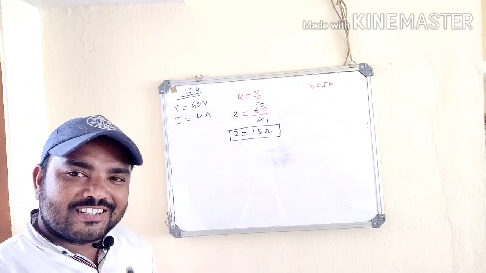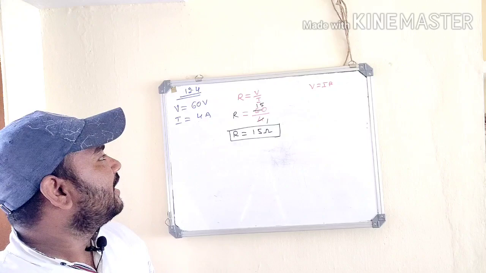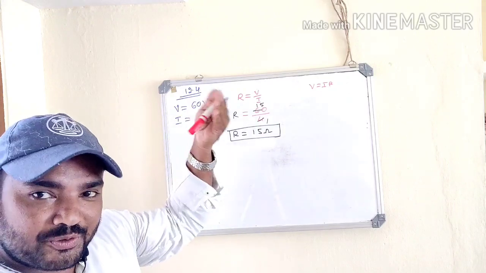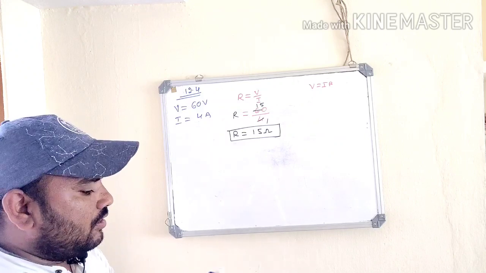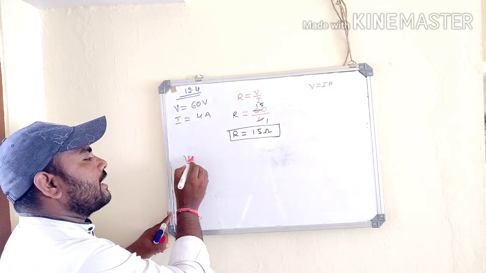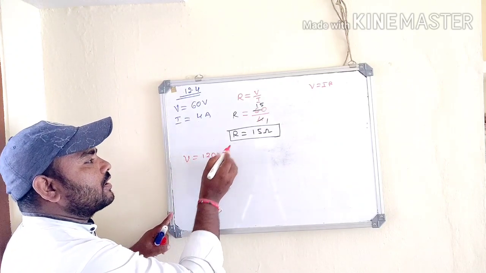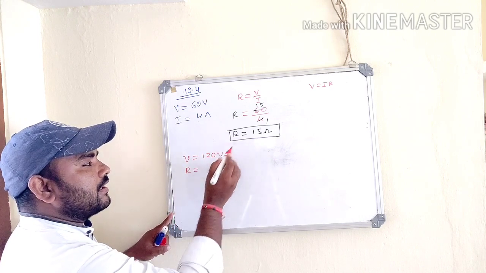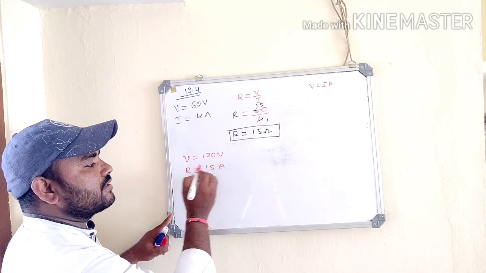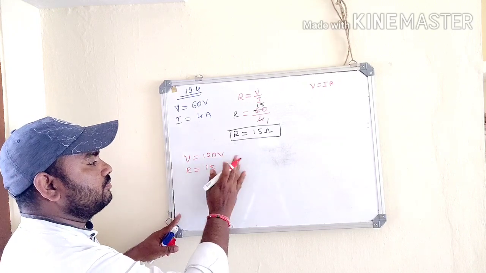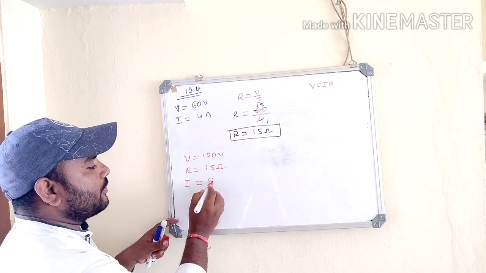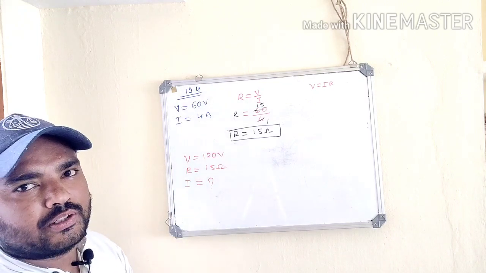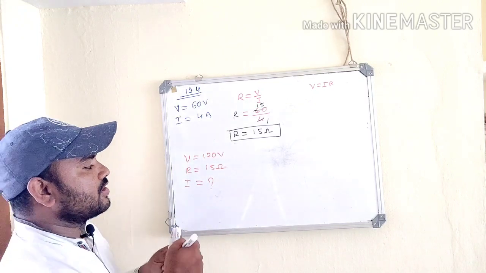Now we know the resistance of that electric heater, and the voltage has been increased to 120 volt. Then we need to calculate the current. It's so simple now. The voltage has been increased to 120 volt, and the resistance of the electric heater remains the same, 15 ohm. Now we need to calculate the new current flowing through that wire. So what is the formula, children?